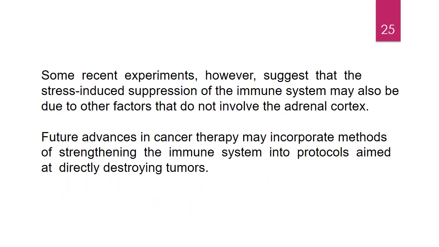Some recent experiments, however, suggest that the stress-induced suppression of the immune system may also be due to other factors that do not involve the adrenal cortex. Future advances in cancer therapy may incorporate methods of strengthening the immune system into protocols aimed at directly destroying tumors.